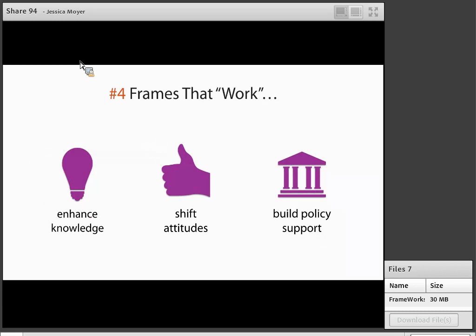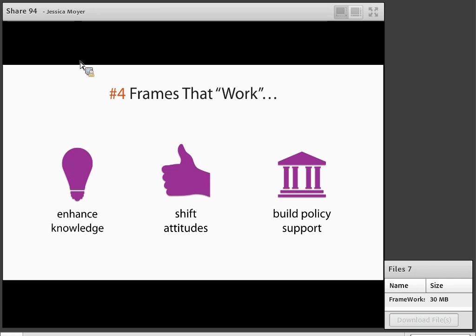And then what we're ultimately interested in is those frames that work, the frames that do help you navigate successfully. The way that we define frames that work is by these 3 metrics that you see on your screen. We're interested in frames that enhance knowledge about the particular issue at hand, that shift attitudes in productive ways, so away from harmful stereotypes or negative fatalism, which I mentioned earlier, towards a sense of efficacy, a sense of curiosity and a can-do spirit.